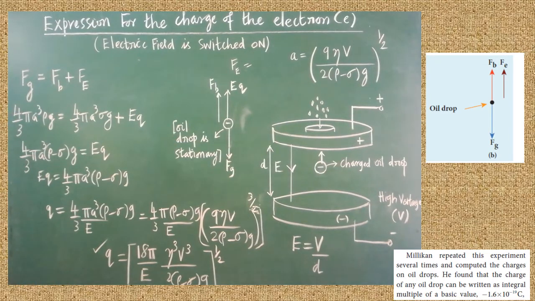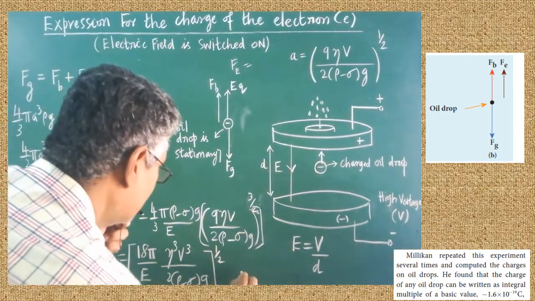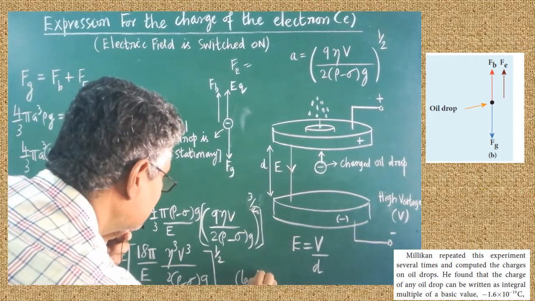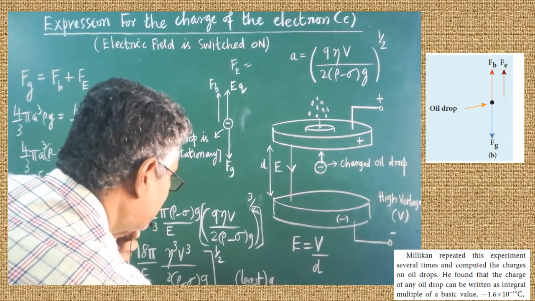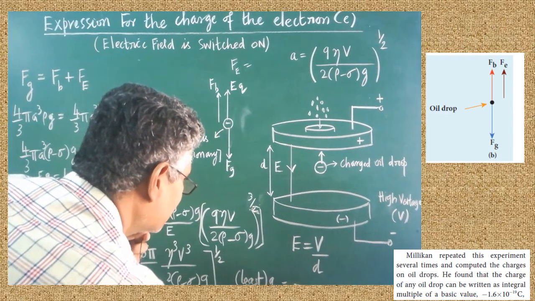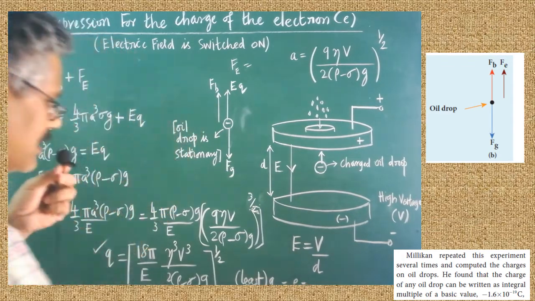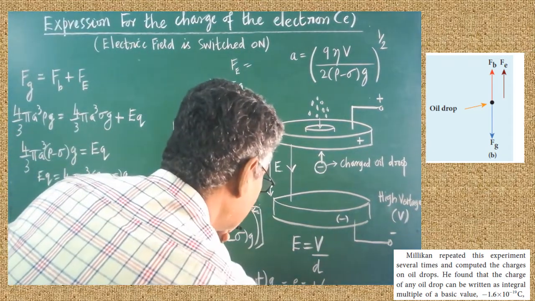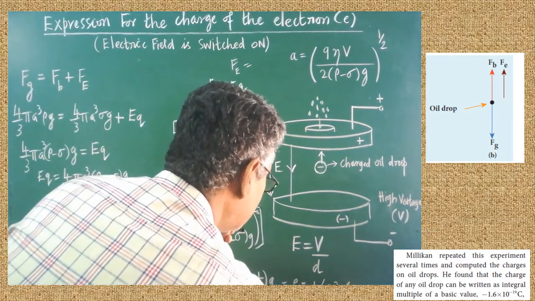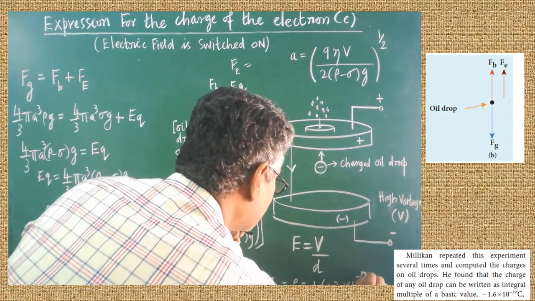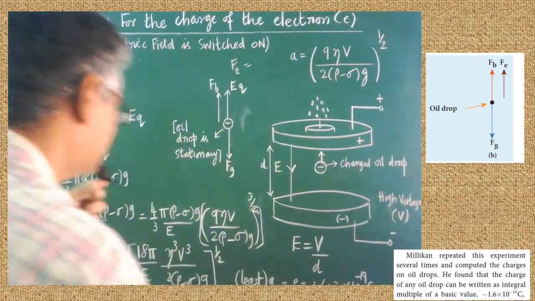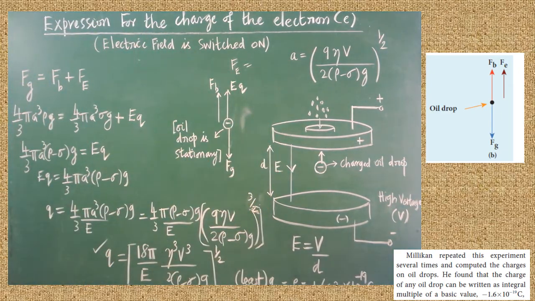That particular least value of Q is called the electron charge. The least value of Q must be taken as the charge of the electron. So the charge of the electron was finally found to be 1.602 into 10 to the power of minus 19 coulomb.